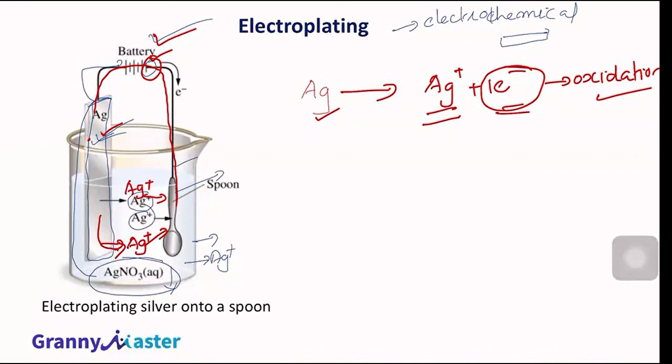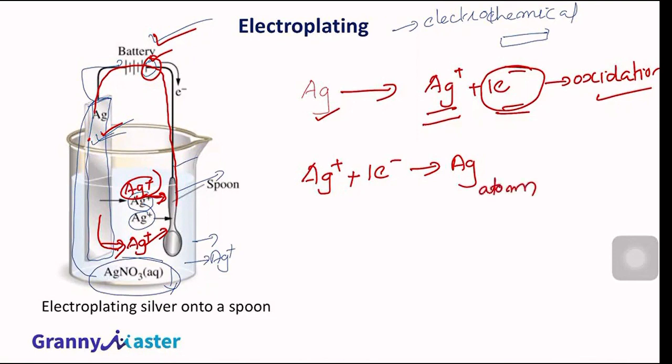To that negatively charged spoon, the positively charged silver ions will get attracted, and those silver ions will go and attach to the spoon by accepting the electron that the spoon gets and form silver atoms. So this silver ion will go and attach to the spoon, accept one electron from the spoon and become a silver atom.